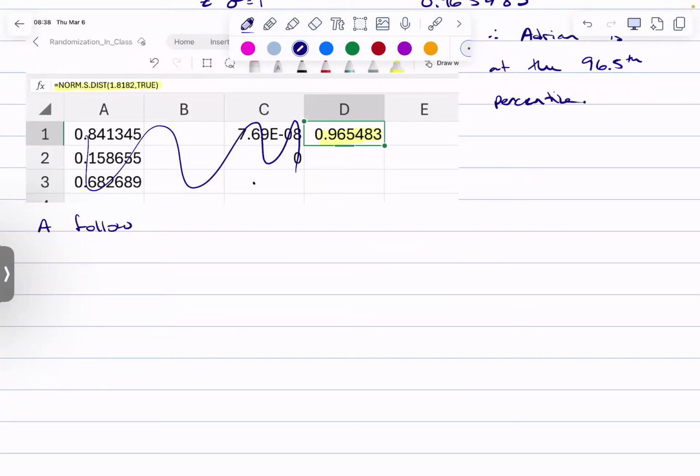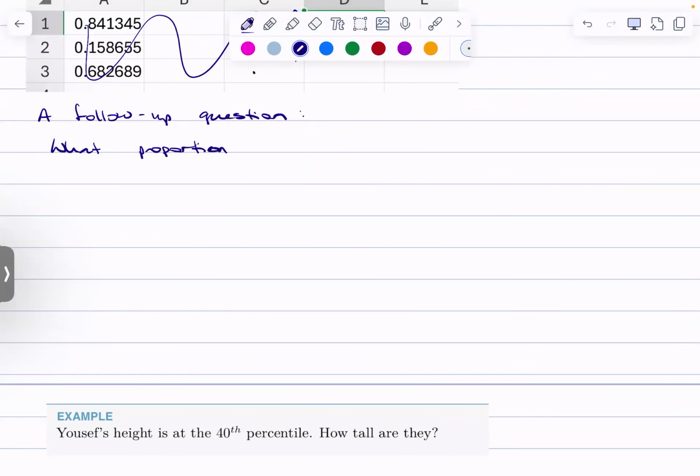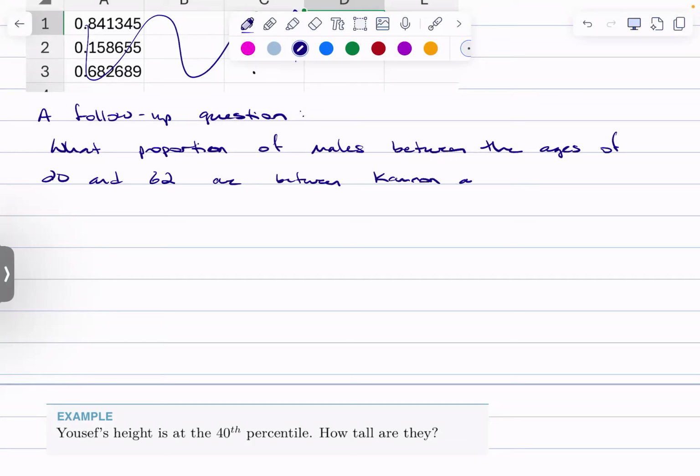What proportion of males between the ages of 20 and 62 are between Cameron and Adrian's heights?